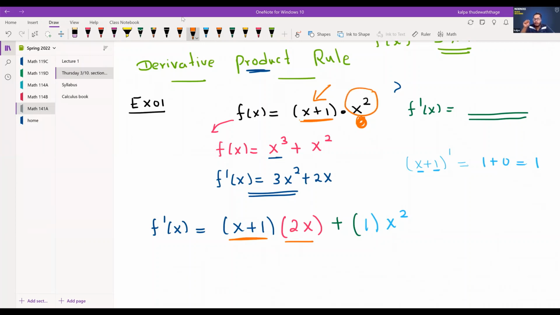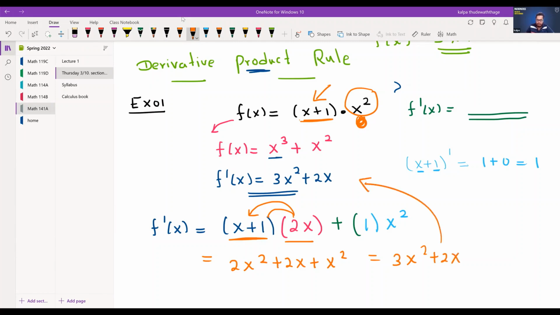I call this derivative one term at a time, one product at a time, and keep the other one as it is. If you simplify this, you get 2x to the power 2, since you multiply this with this, and 2x with 1 is just 2x, and you get x to the power 2 here. So finally you get the same answer which you get using the power rule.